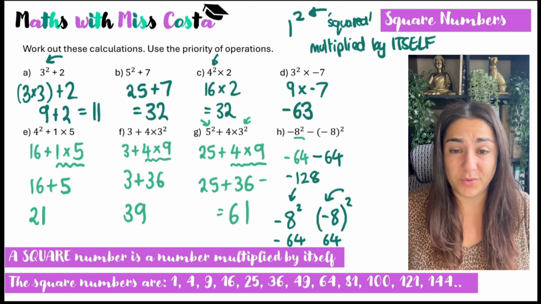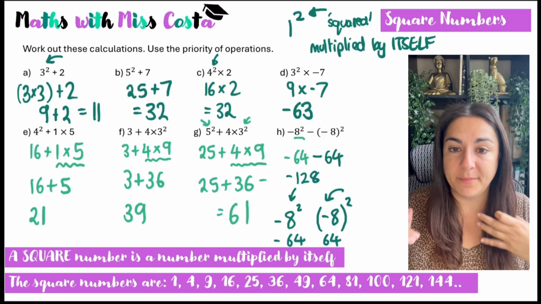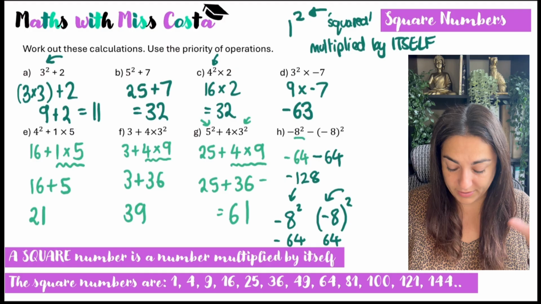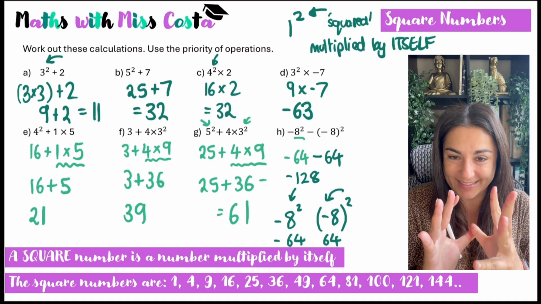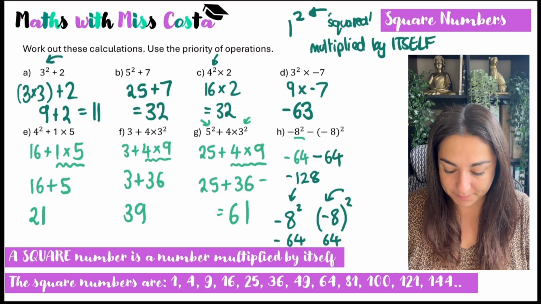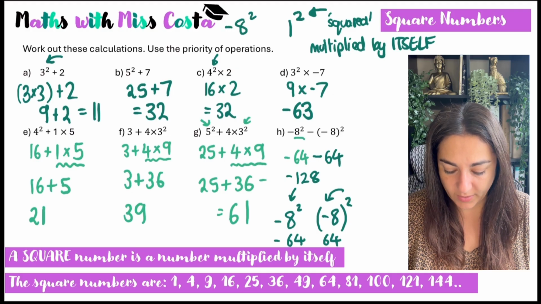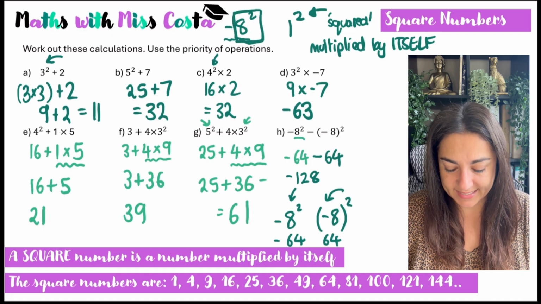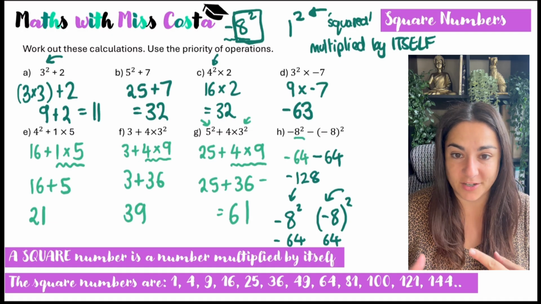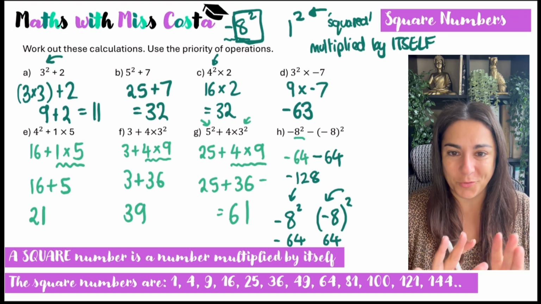If that confused you, don't get stressed about that. For the majority of the time, it's going to be pretty obvious. Actually, don't worry too much about this, but think that when you've got something like minus 8 squared, the first order of operation is the indices, and minus 8 is technically minus 1 times by 8, but let's not worry about that bit too much.